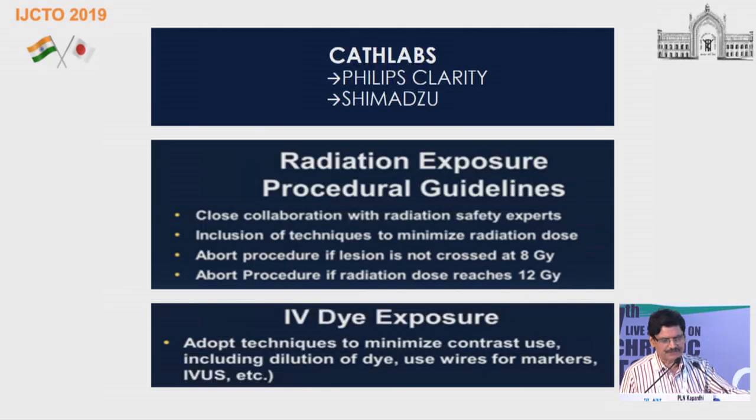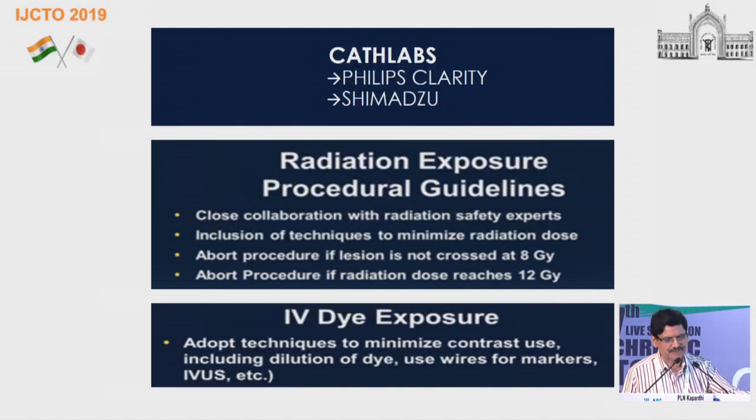And inclusion of techniques to minimize the radiation dose, like doing the majority of cases under fluoro only, and minimizing the cine loops. And third, using rad pads; some radiation sheets are available nowadays, which we have to use especially for CTOs to minimize the radiation to the operator.